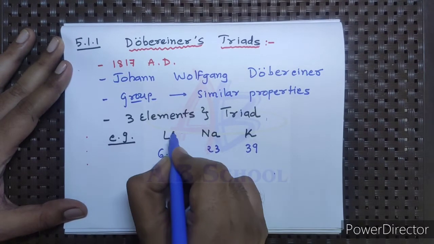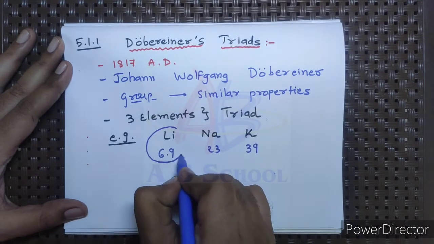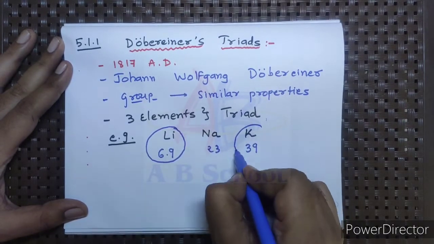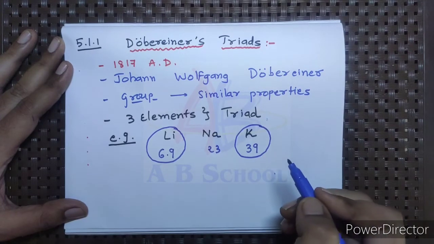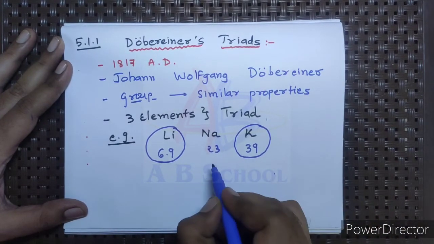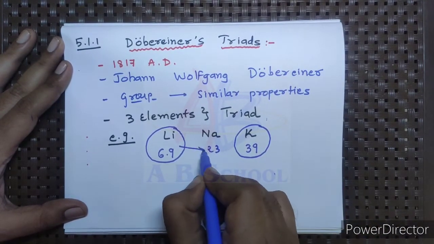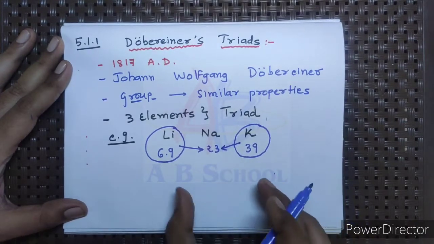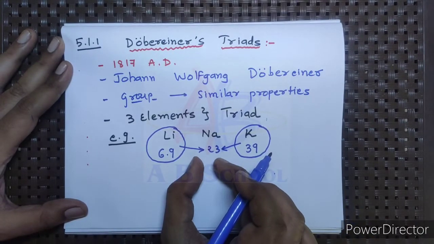The idea was, if you take the average atomic mass of the first and the last element of the triad, then it should roughly represent the atomic mass of the element which is present in the middle of the triad.